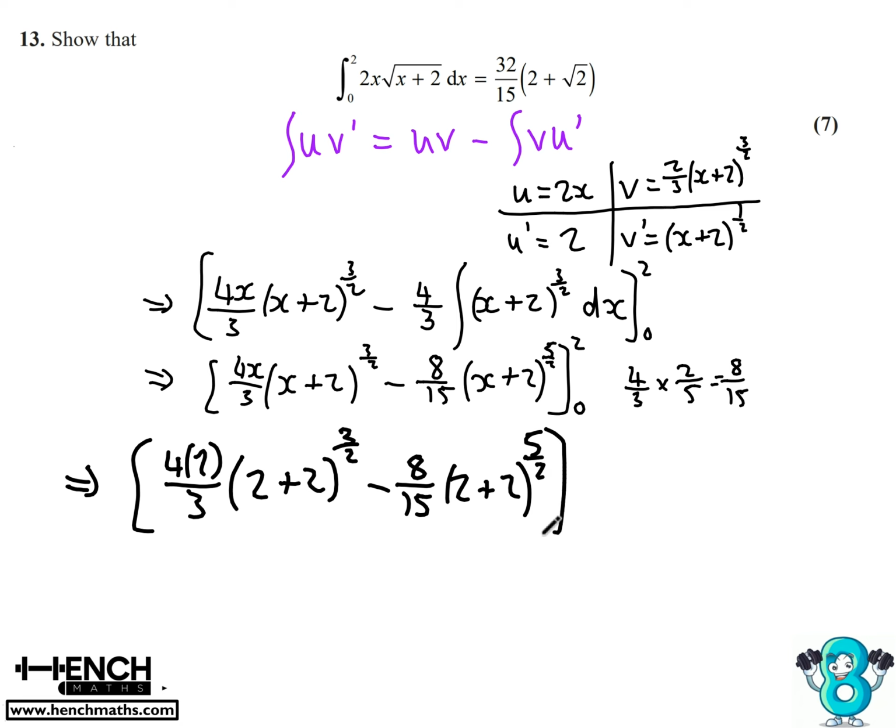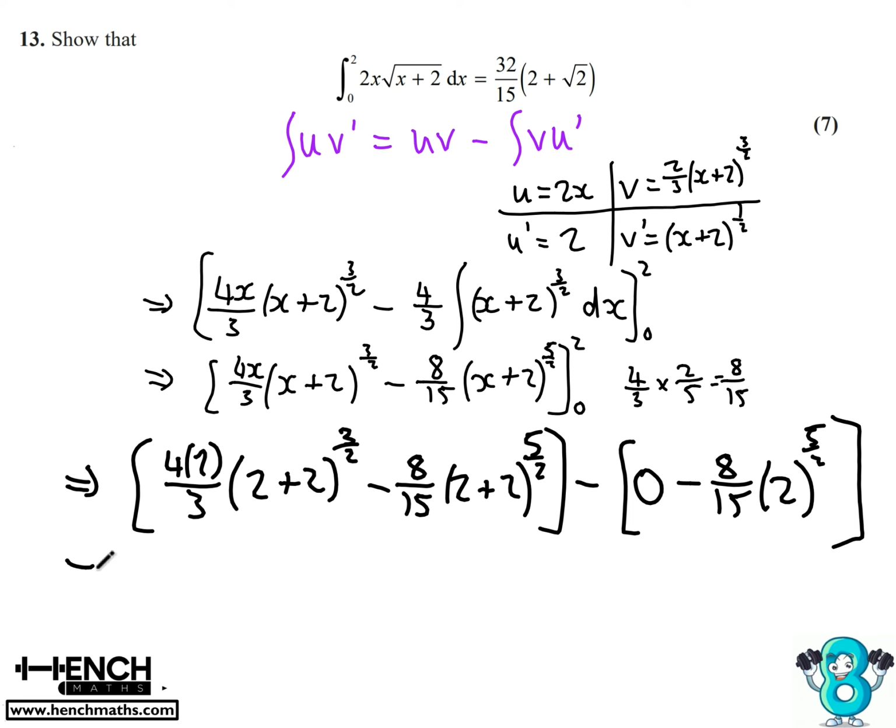So that's subbing 2 in. We're going to subtract. Now we're going to sub 0 in. Because we've got 4x times something, if x is 0, that's all going to disappear. But we will get something for the next thing. So we're going to get negative 8 over 15 and then 0 plus 2, so it's going to be 2 to the power of 5 over 2. And that will be what we get when we sub in our two limits.